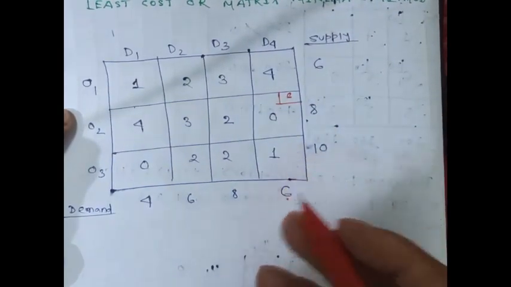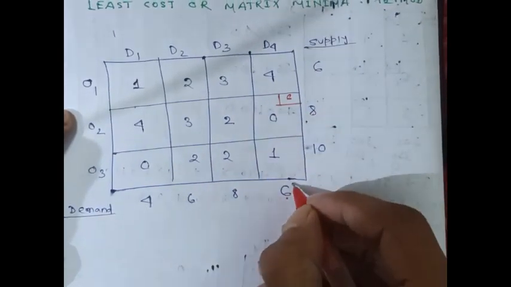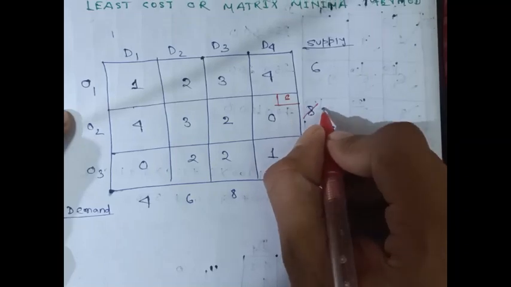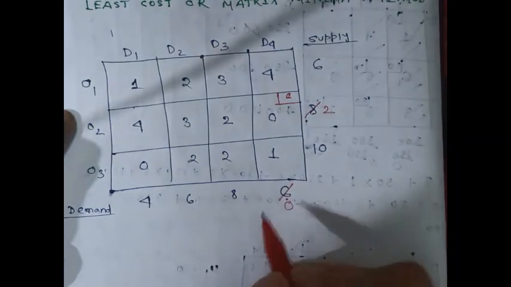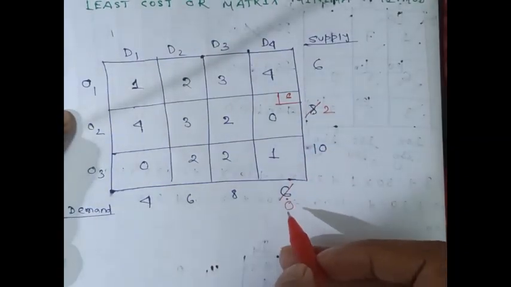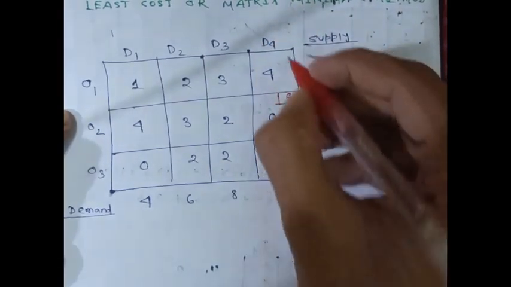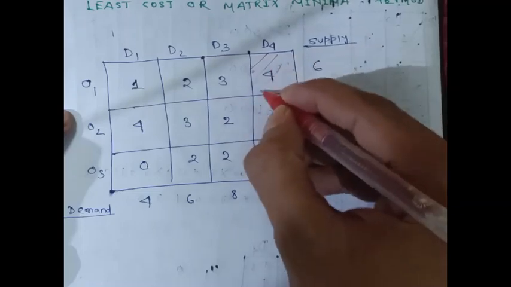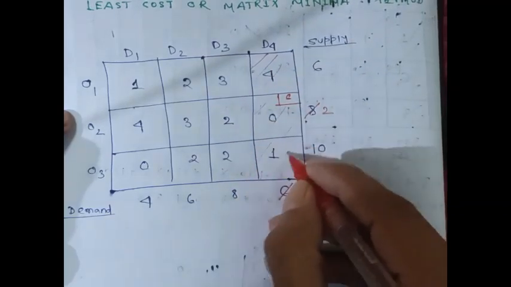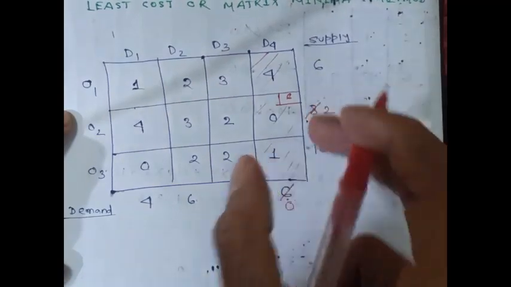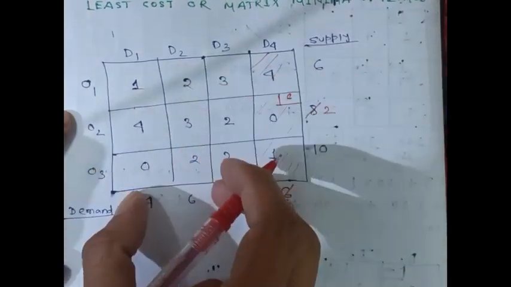After taking 6 we will make the demand 0, and we will do 8 minus 6, so it will be 2. As we are getting a 0 here, we have to delete the whole column. Now find the minimum element from the given table.